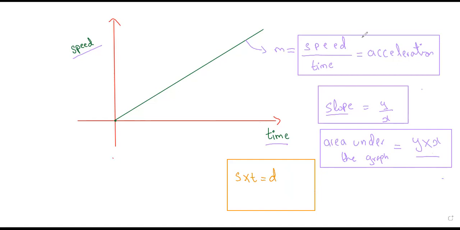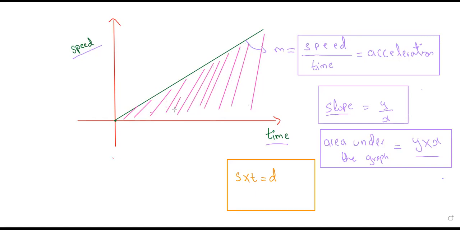This means that the area under the graph, under the curve of speed time graph would give you information about distance, right? So this is what we know so far. About the speed time graph, the gradient or the slope is giving you information about the acceleration.